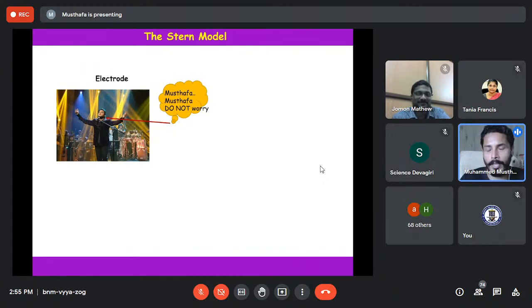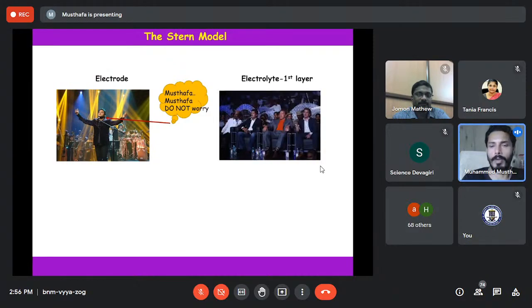When you dip an electrode into the solution containing ions, the electrode is like A.R. Rahman singing on the stage. What about the electrolyte? The electrolyte is like the audience responding to his song. If you go to any musical concert, you will see in the front row big people, celebrities, businessmen, politicians, industrialists.